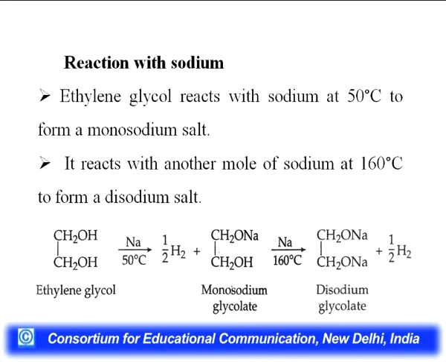You can see the structure of monosodium. So, first of all, one hydroxyl group reacts with sodium to form a salt, then the second hydroxyl group will react, but you can see the temperature is higher. That is why we said in the last slide that sometimes it is difficult to complete the reaction with both the hydroxyl groups.